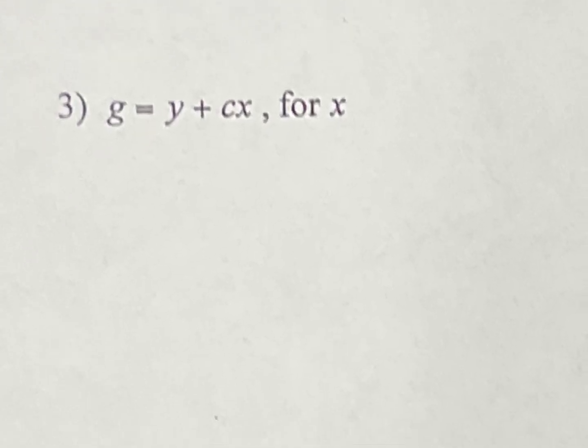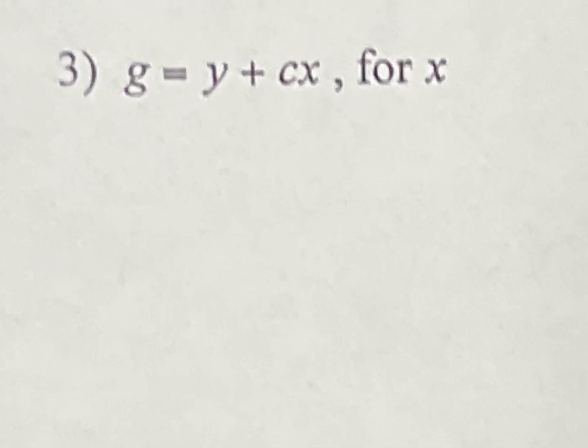Okay, all right. This one's a little different, but still nothing you haven't done before. What am I trying to get by itself? The x. What is sitting there with the x that needs to go? The y and the c. It's going to be easier for you to get rid of the one down the hall first before you get rid of the one next to it. So let's start with the y.